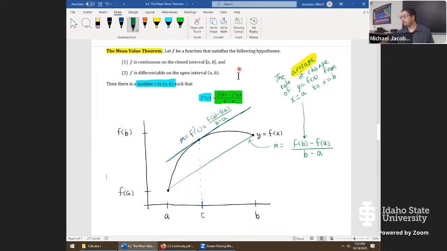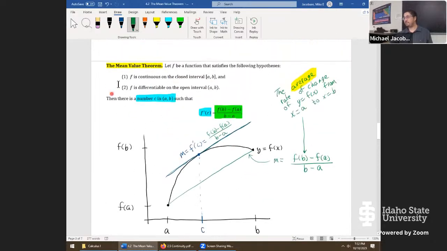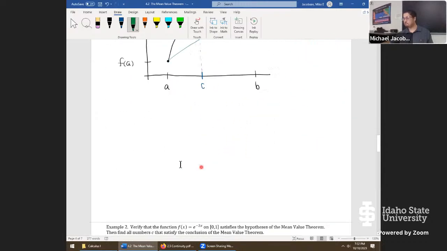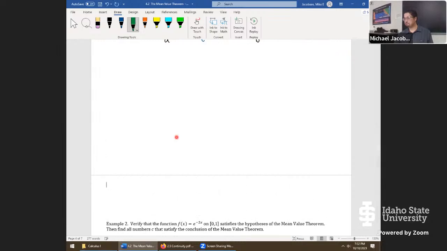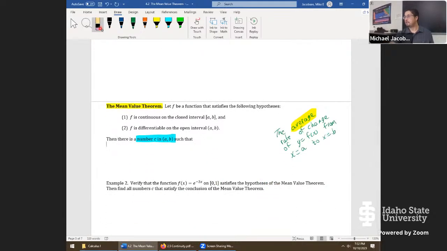Okay, let's give this a try then on our first problem right here. Again, let's copy down the theorem just so it's available. I mean, we're just barely using it. Okay, so here's the mean value theorem once again.